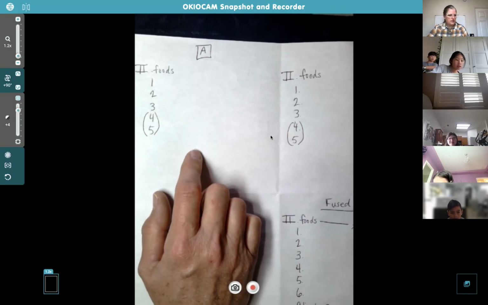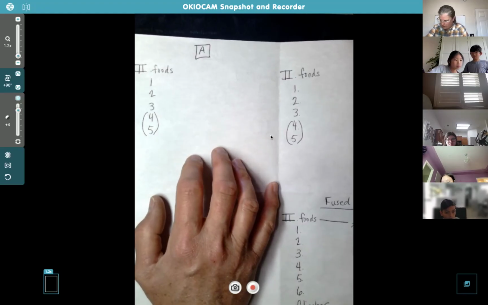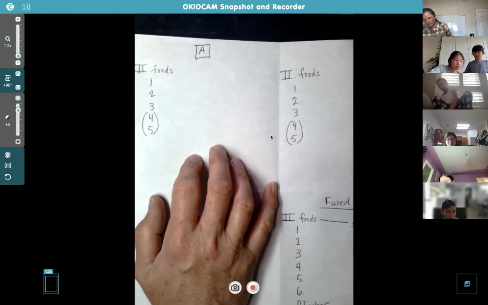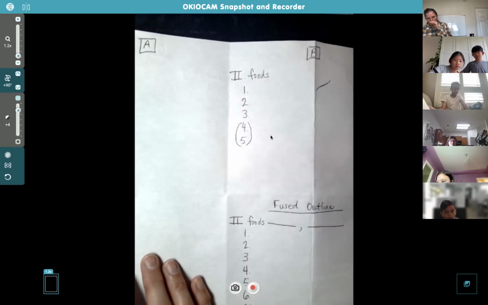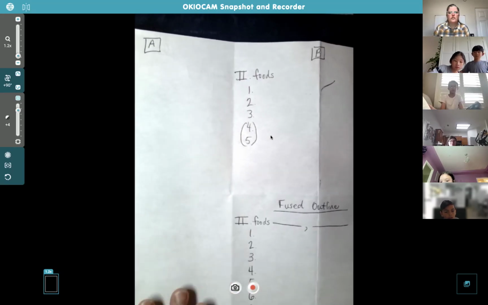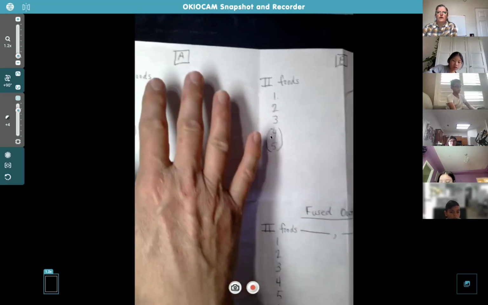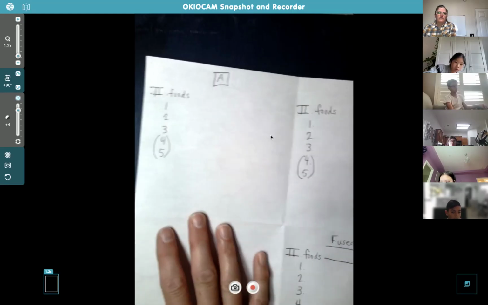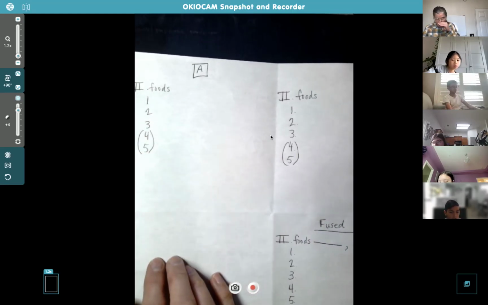How about Sydney? What do you have for one of your outlines? Let me see, you're doing the foods. So tell me what you have under A for the foods, like your 1, 2, and 3. Sugar mixed food, and I have a photo of a factory.